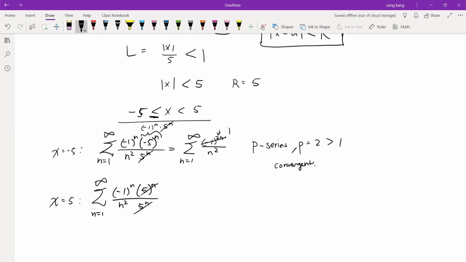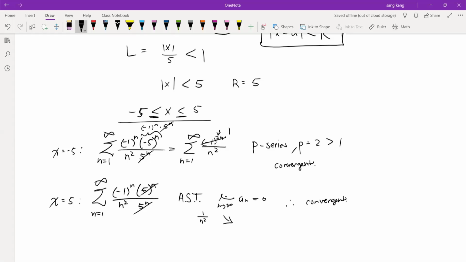We could look at the absolute value and say it's a convergent p-series, or we can just apply the alternating series test. The limit of a_n goes to 0, and the terms are decreasing, since 1 over n squared is decreasing. Therefore, it's convergent by the AST.